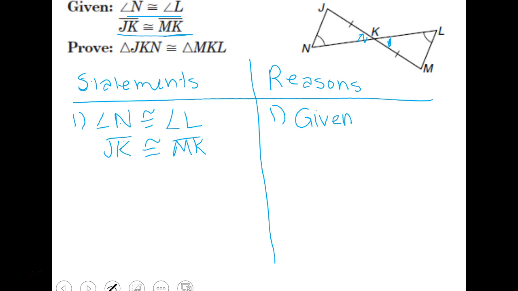All right, so we already have a set of angles congruent. We already have a set of sides congruent. We just need to say that those vertical angles are congruent. So the second statement that I'm going to make is that angle JKN is congruent to angle MKL.